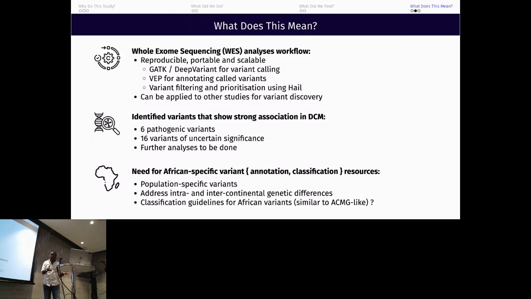But in our African populations, we know that our genome is very diverse. We've got lots of variants, and some of them do not exist in these databases. This raises a gap where we think we should prioritize creating resources for variant annotation, and also similar guidelines for classifying variants, but for an African setting.